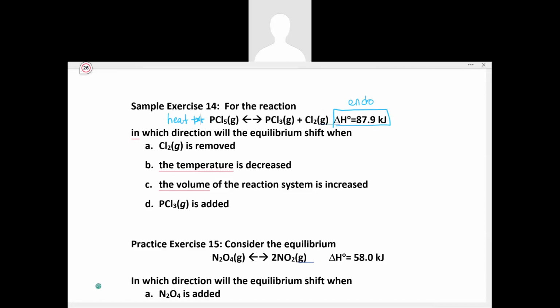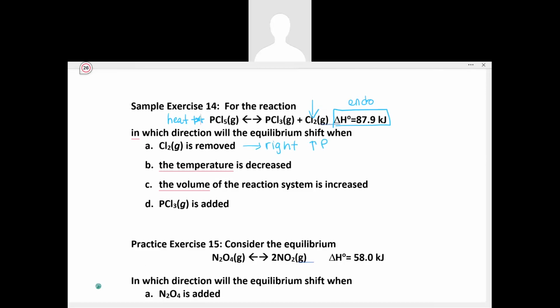So let's take a look at if we added or removed a reagent, what would happen. So we want to remove some of this over here. So we lower the concentration. We're going to see a shift to the right to increase products because we've removed some of that product.